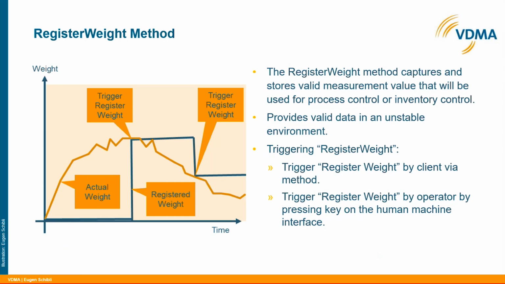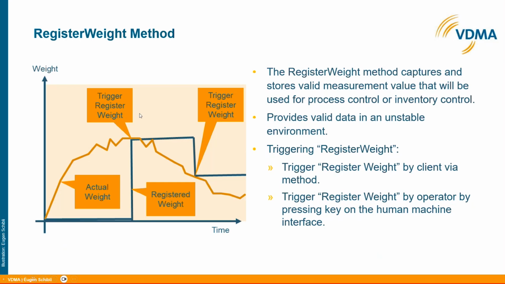But the value captured with the registered weight is stored and can be used for process control and for inventory control, even if the weight on the scale itself has already changed. It can really be helpful in a workflow or in a continuous weighing process.